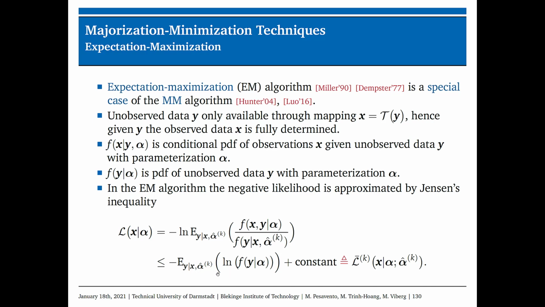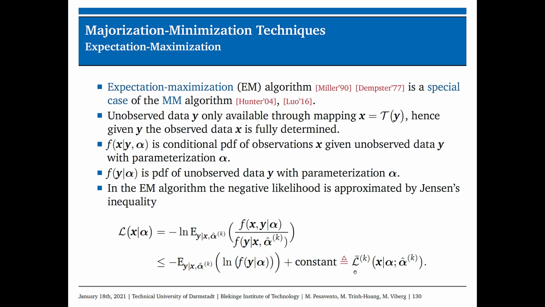After again employing Bayes' rule, we obtain that the result can be expressed as a negative of the conditional expectation of y given x and alpha hat at iteration k of the logarithm of the PDF of y given alpha plus some constant terms that do not depend on alpha and that we omitted.